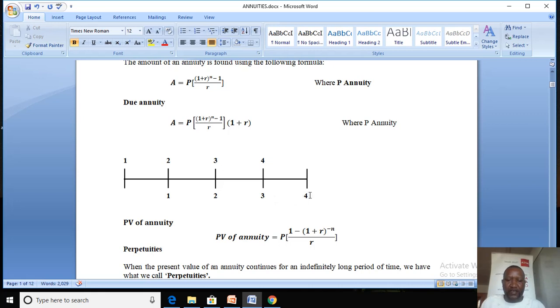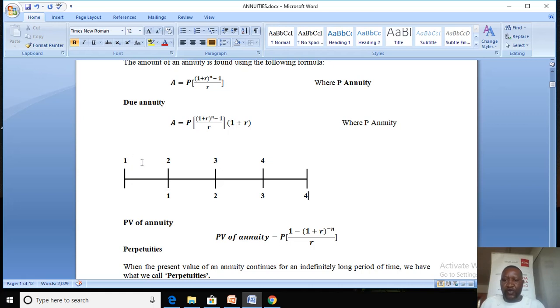You will notice that by the time you are making your last payment, your annuity account has matured. This is the end of all the periods.